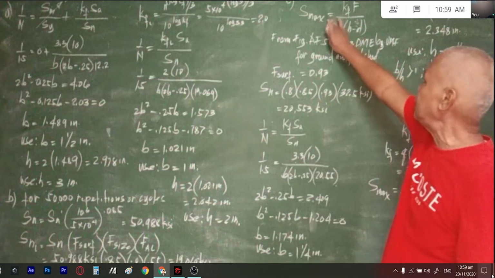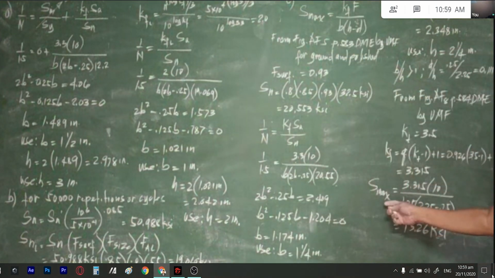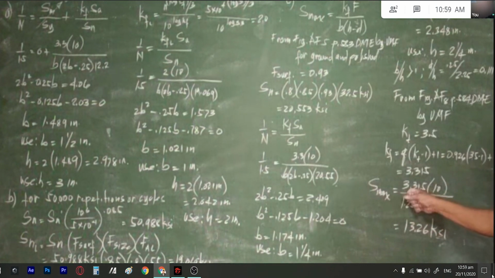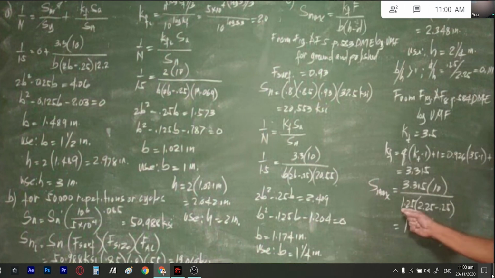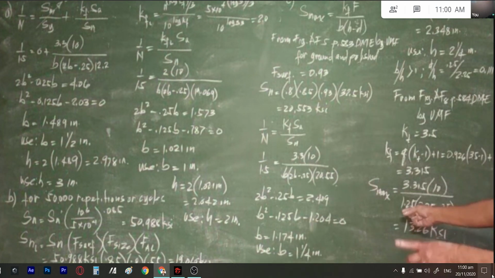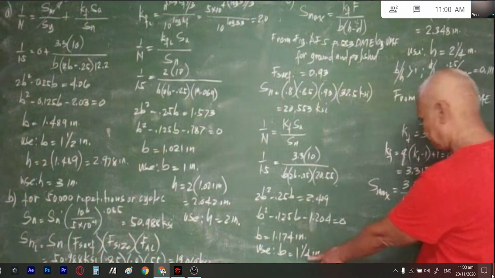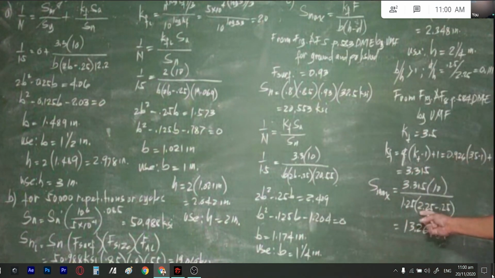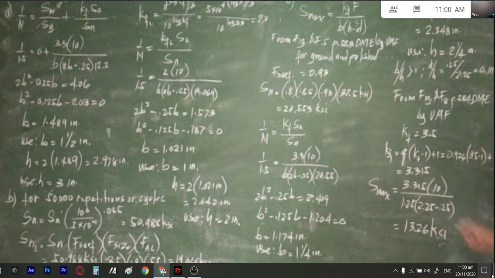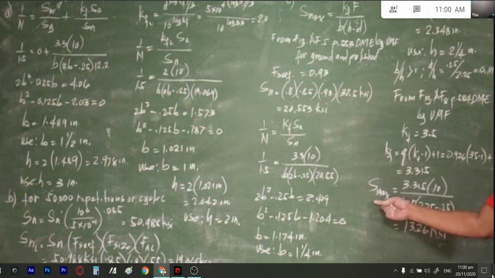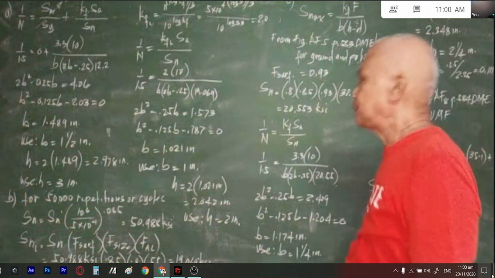Substituting all values in this equation, the maximum stress is equal to 3.315 multiplied by 10 over 1.25, that is the computed value for b, and 2.25, that is the computed value for h, minus 0.25 equal to 13.26 ksi for the maximum stress.